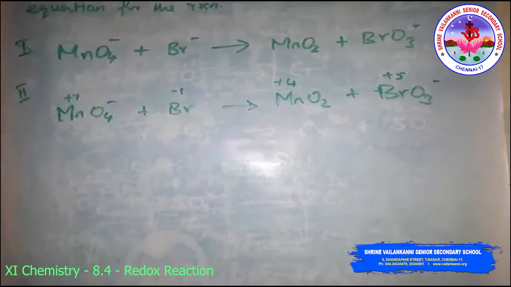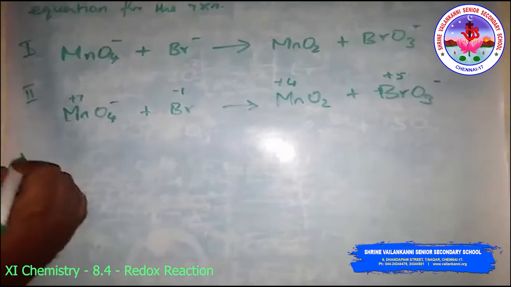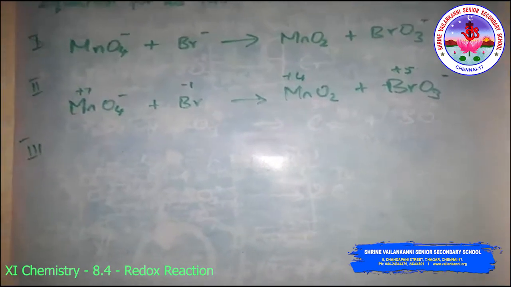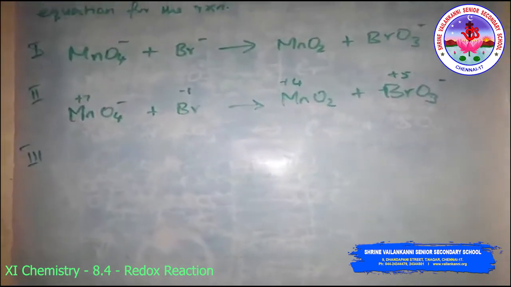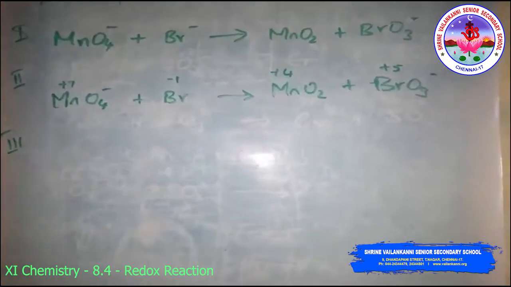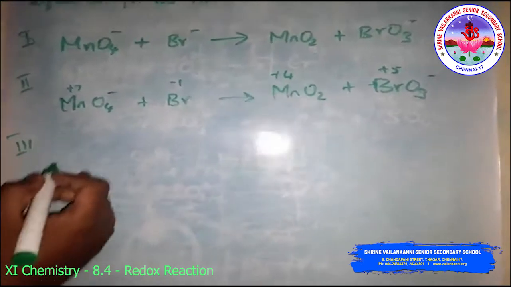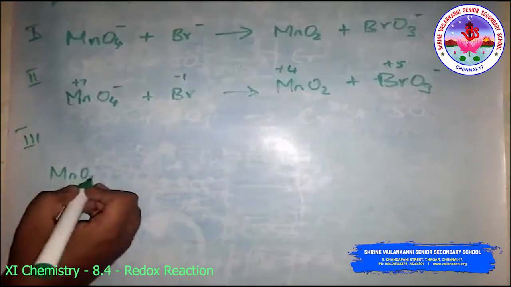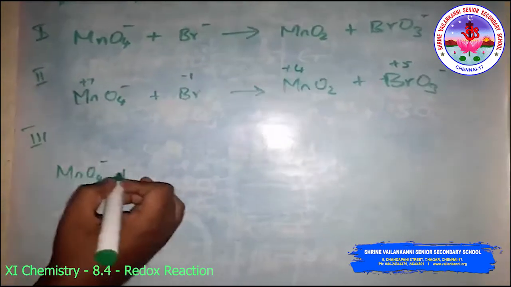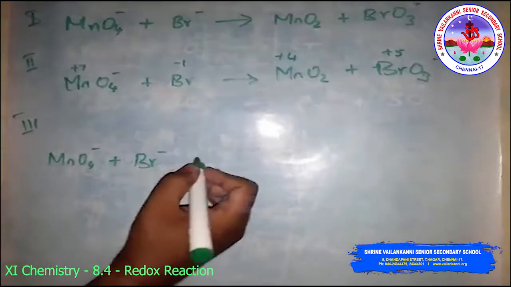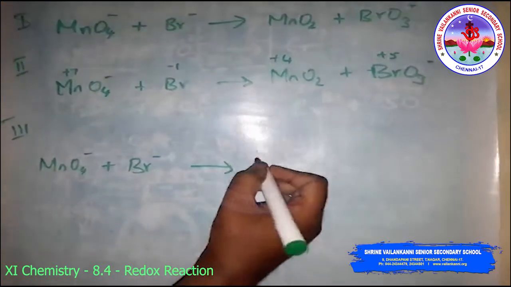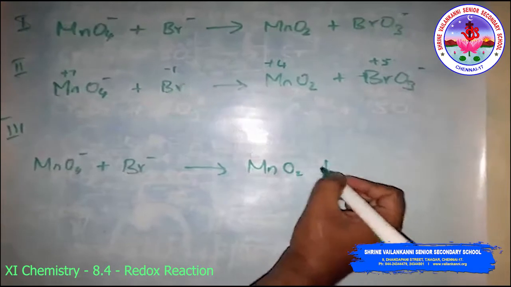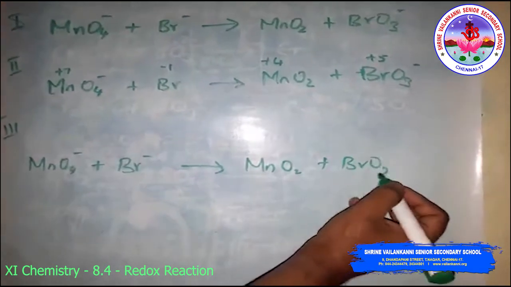So the next is the third step: calculate the increase and decrease in oxidation number and make them equal. So here MnO4 minus plus Br minus gives MnO2 plus BrO3 minus.